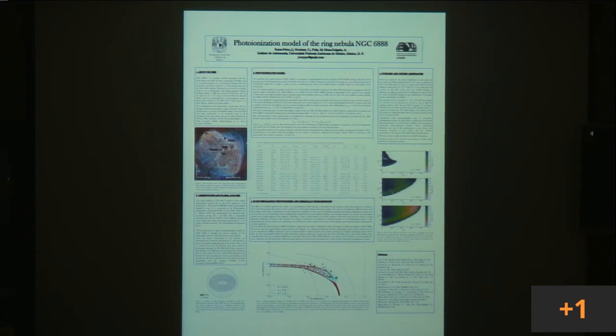The other result is that, concerning the idea that we have a chemically homogeneous nebula, we found that the ICF to derive the nitrogen abundance in the nebula seems to be modified along this nebula, but this is just because of the combination of two effects, the ionization structure and the relative contribution of each of these components.